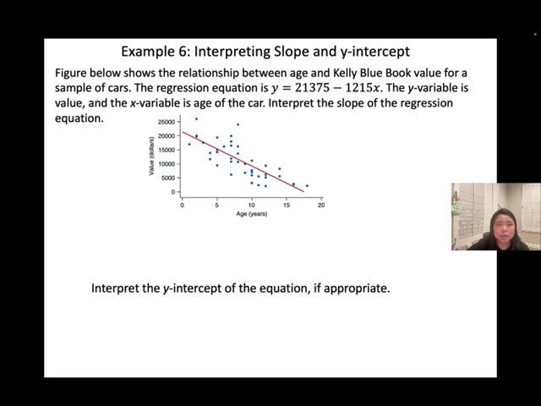Okay, example 6. The figure below shows the relationship between the age and Kelley Blue Book value for a sample of cars. The regression equation is this, and the y variable is the value, and the x variable is the age of the car. Interpret the slope of the regression equation.